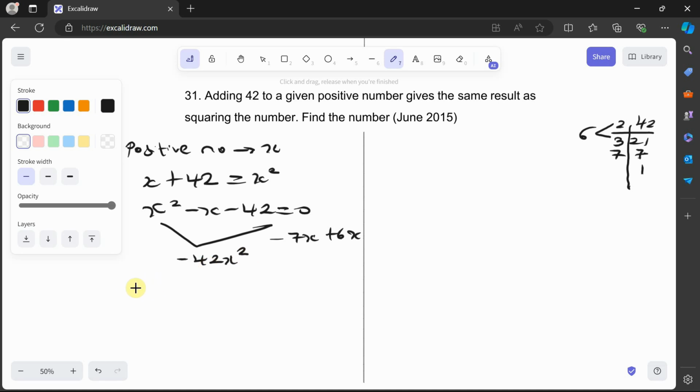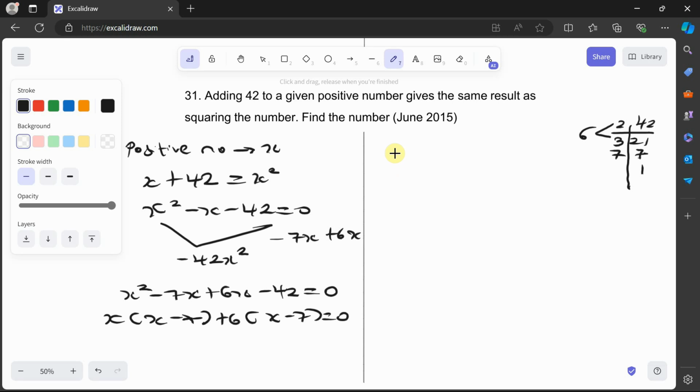So let's replace. That would be x squared minus 7x plus 6x minus 42 is equal to 0. So let's factor out. In this first two, what is common? x is common. x squared divided by x will give you x, minus 7x divided by x will give you minus 7. Close the brackets. In this one, what is common? Plus 6 is common. 6x divided by 6 will give you x, minus 42 divided by 6 will give you minus 7 is equal to 0.